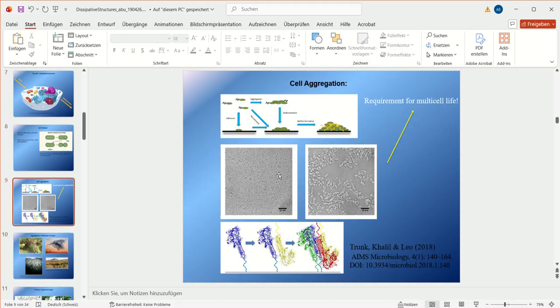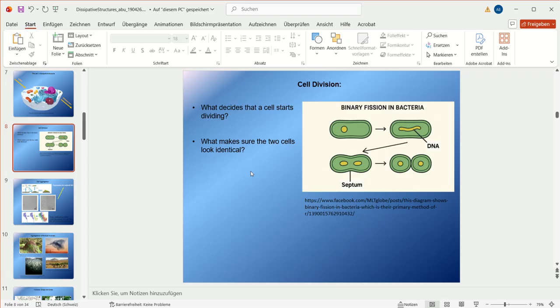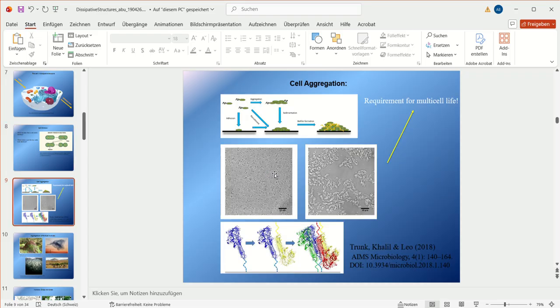And yeah, I made this very short about the single cells. We could talk about this more later, but time is running. Cells can also aggregate, which is an interesting basis for multicell life, because the first multicell structures were just identical cells that aggregated and had some advantage by aggregating.